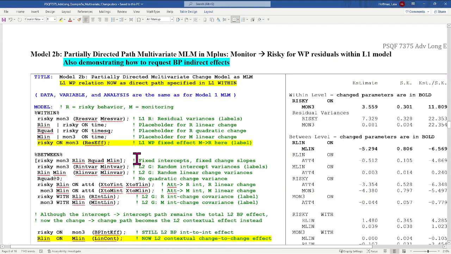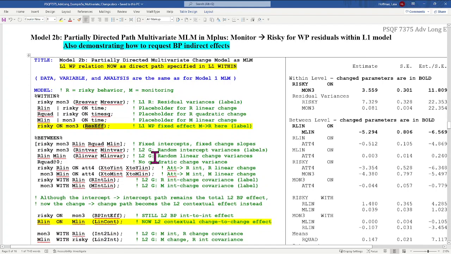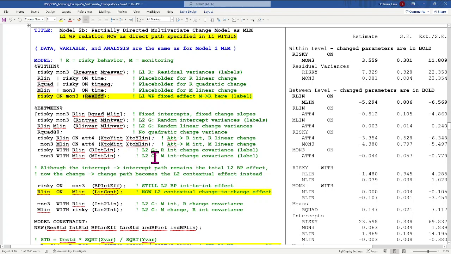So on model 2B then, what I have done is swap out the level 1 association from being a covariance via with to becoming a fixed directed slope of monitoring predicting risky behavior via on, and I have labeled that as res effect as well. Because of that change, and because this level 1 slope is specified only in the within model, this relationship is within, it's among the within parts of these two variables specifically.